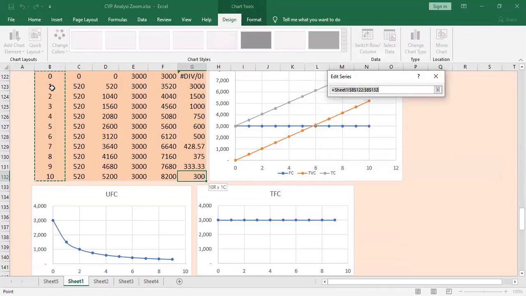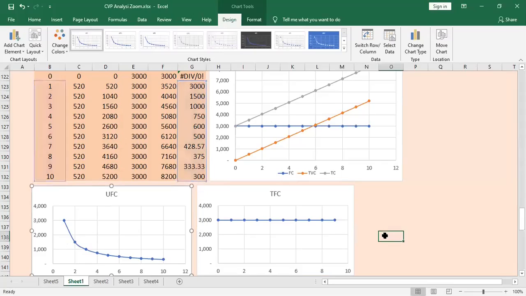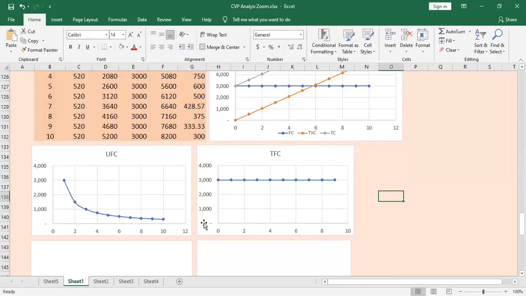Right. So for the unit fixed cost line, you are getting this type of line. When you are producing more and more products, the unit fixed cost is getting decreased, right? It's a curve type. So this is the behavior of the unit fixed cost.